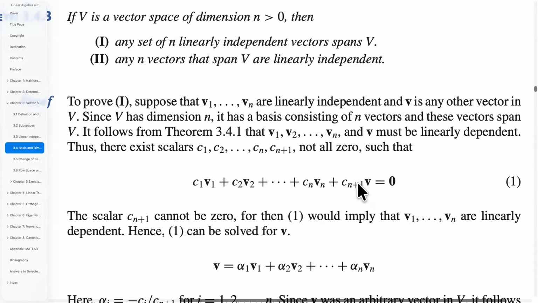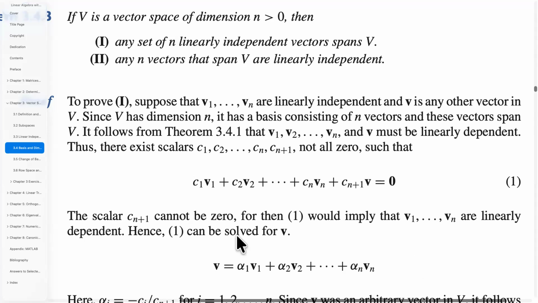Because of that, you can move all the terms V1 to Vn to the right hand side and divide both sides by Cn plus one. Then you get V equal to alpha 1 V1 plus alpha 2 V2 plus and so on plus alpha n Vn, where alpha 1 is negative C1 divided by Cn plus 1, alpha 2 is negative C2 divided by Cn plus 1, and so on.